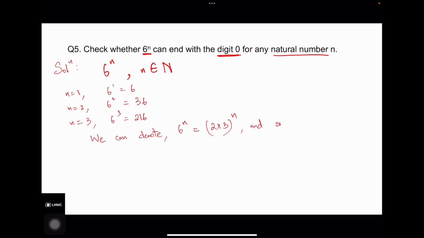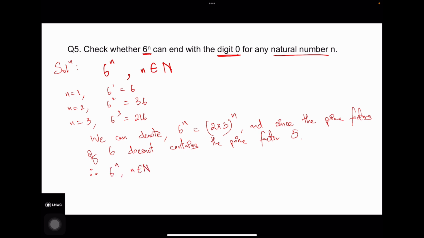And since the prime factors of 6 do not contain the prime factor 5, therefore 6 to the power n for any natural number n does not end with digit 0.